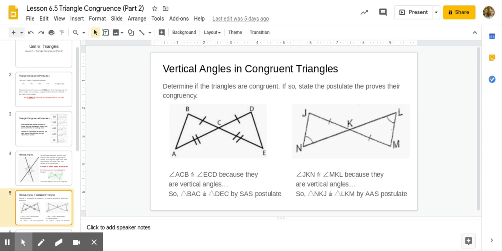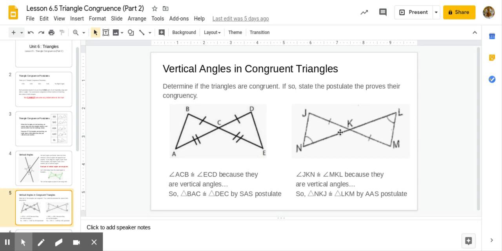Remember, when you name an angle, you have to use all 3 letters since there's more than one angle at that location. So after we make a tick mark here and a tick mark here showing our vertical angles, then we would have side, angle, side, side, angle, side. So those 2 triangles are congruent by the side, angle, side postulate.